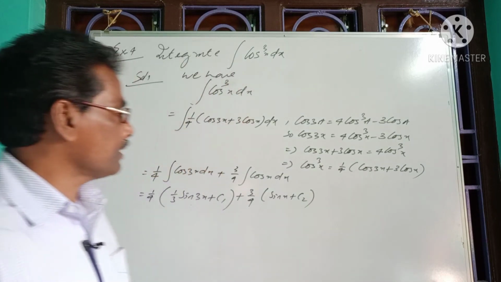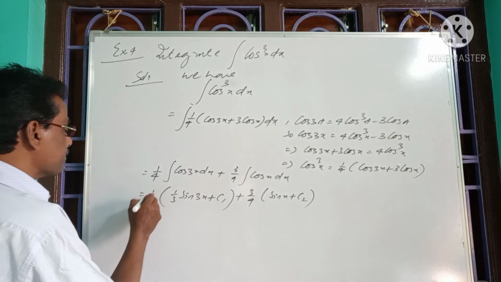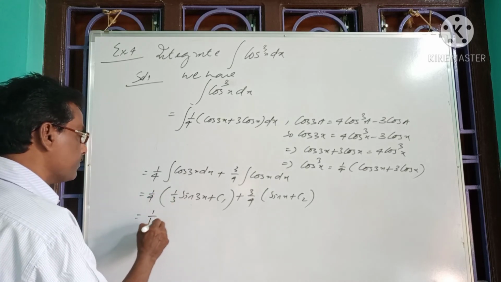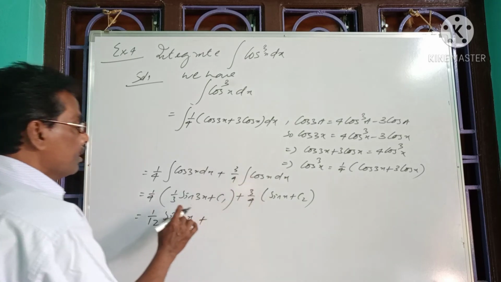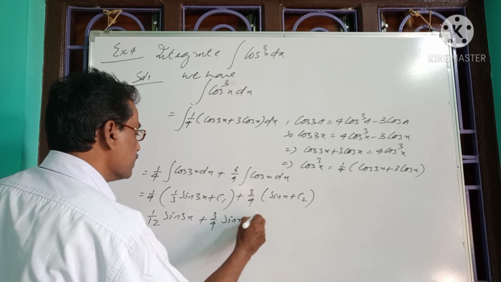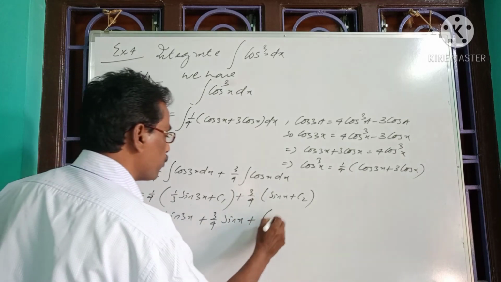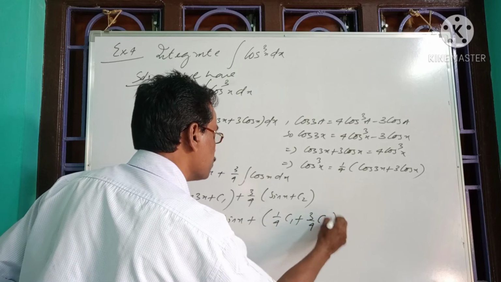Now we only have to simplify to get the final result. So multiplying 1 by 4 with 1 by 3, we have 1 by 12 into sin of 3x plus 3 by 4 into sin x, and collecting the constants, that is 1 by 4 into c1 plus 3 by 4 into c2.